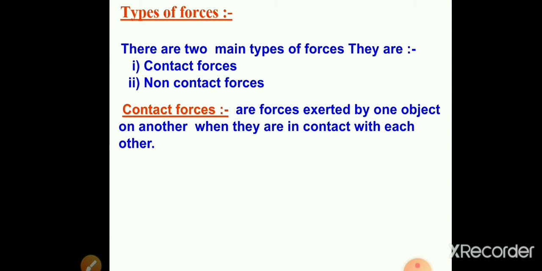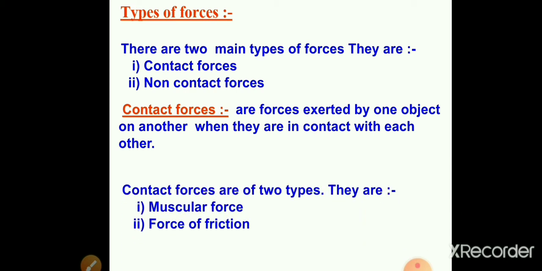So these are contact forces. The first is muscular force, and the second one we are going to study is frictional force or force of friction. Contact forces are of two types: muscular force and force of friction.